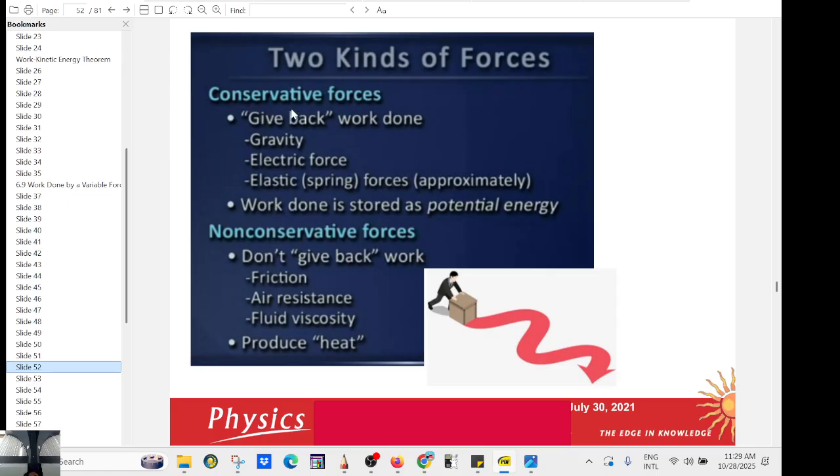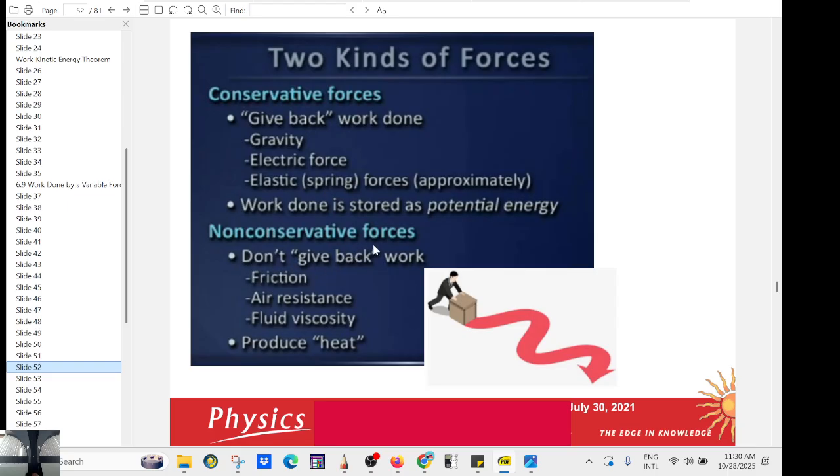Okay, and then two important definitions. You have what are called conservative forces, meaning restoring forces. In that case, the energy can be retrieved. So weight is a conservative force, electric force is a conservative force, spring force is a conservative force, because I can always get back my energy.